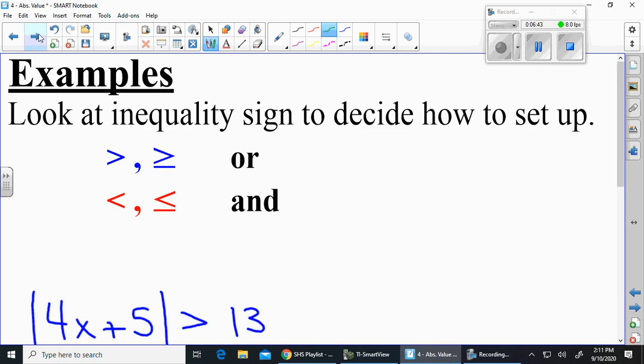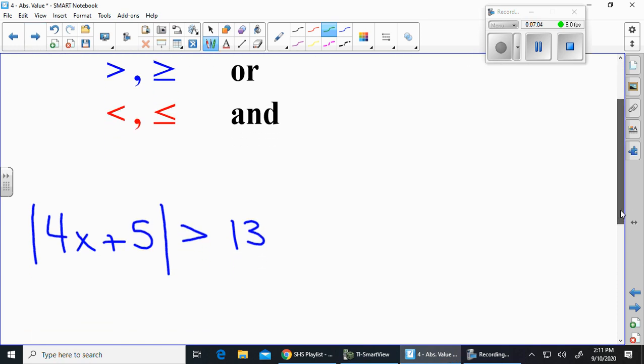So 2 quick examples. You know, the big thing and this is, I'm not a big memorized teacher, but you really have to memorize. If it's greater or less than and think of how you set it up.